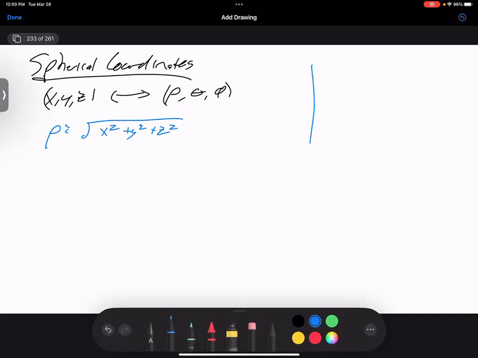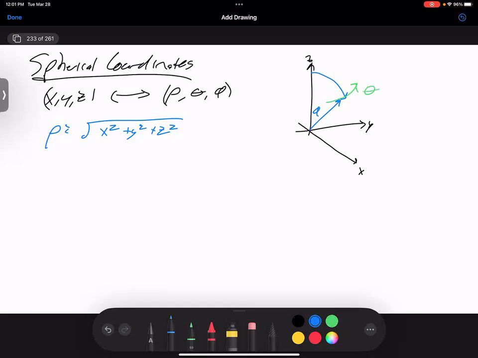And if you're trying to think about what's going on, so you say here's x, here's y, here's z. I start coming down some angle phi, and then I'm going to go parallel to the xy plane, some angle theta.